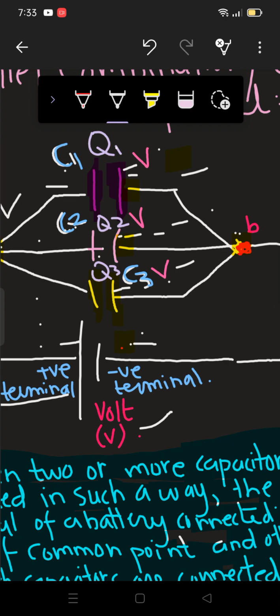We have named those charges as Q1, since that charge would be stored on C1, then Q2 on C2, then Q3 on C3, capacitor number 3. So they will store different charges. However, the same potential difference would be across these capacitors.